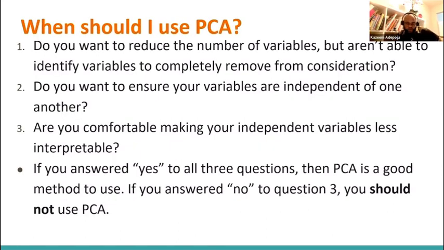Now, when should I use PCA? When should I use principal component analysis? Okay. Number one, do you want to reduce the number of variables, but you are not able to identify variables to completely remove from consideration? At times you don't just want to do feature elimination, because maybe you have strong statistical or theoretical backing that a variable should be included, even though the variable is causing a problem.